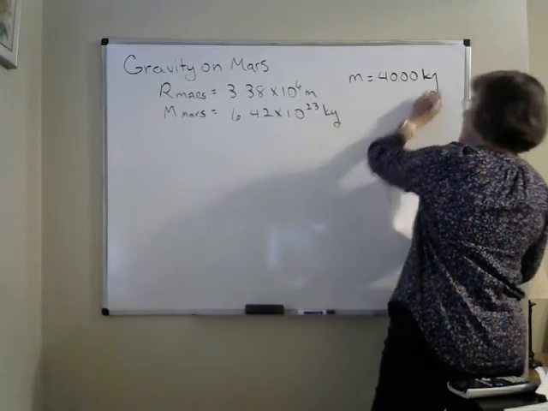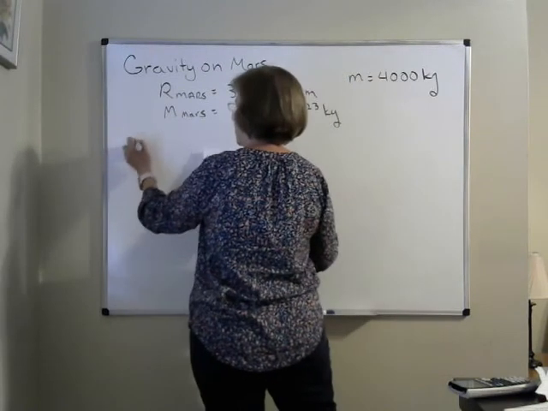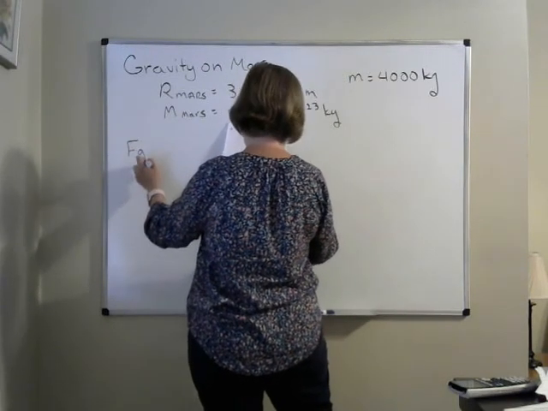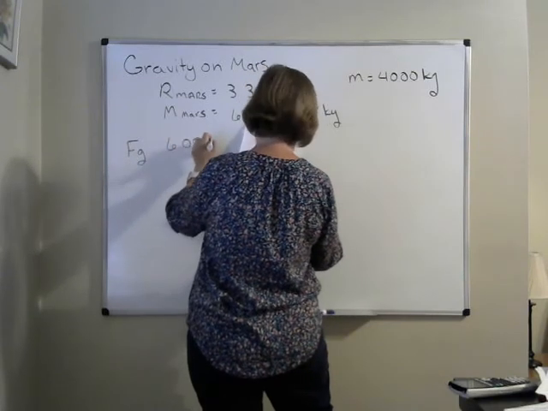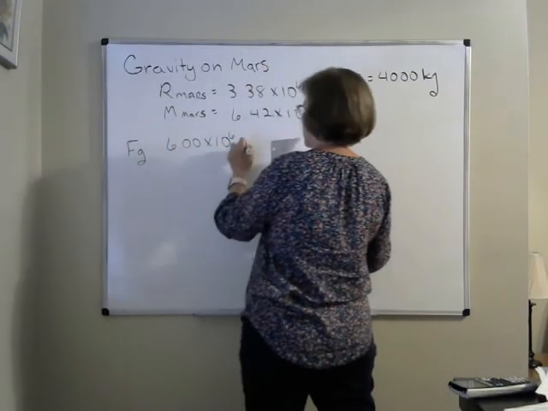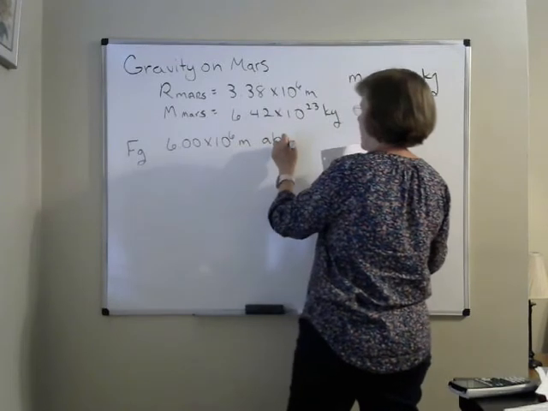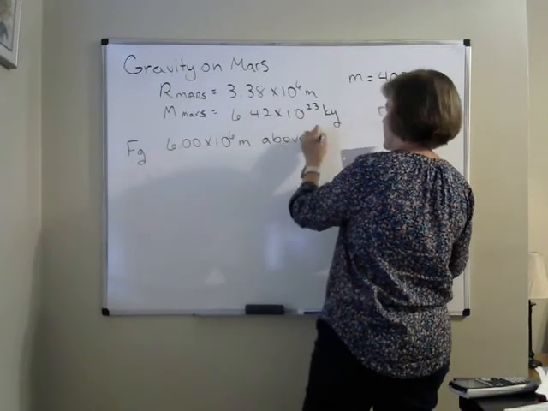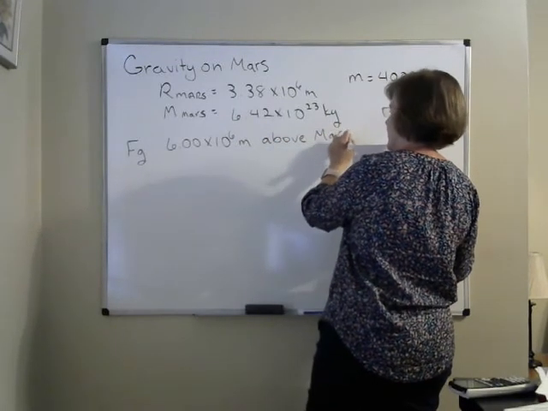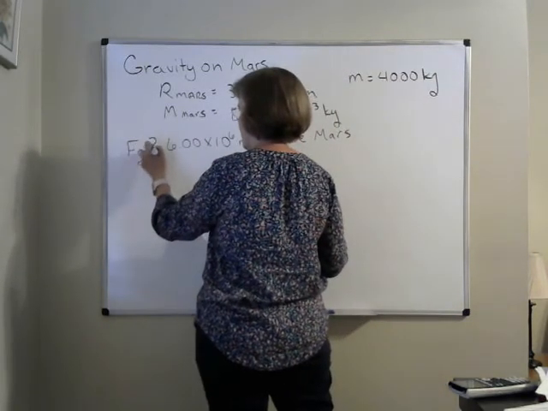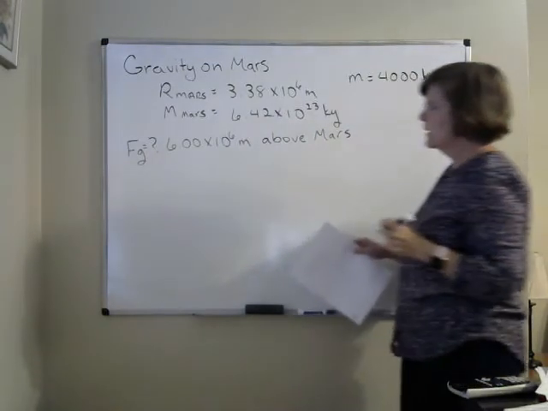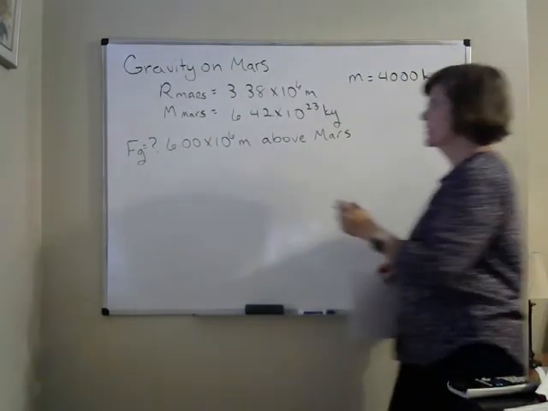But let's see if we can find the force of gravity 6.00 times 10 to the 6 meters above Mars. We want to find that. What is the gravitational force going to equal if we go up that far above Mars?